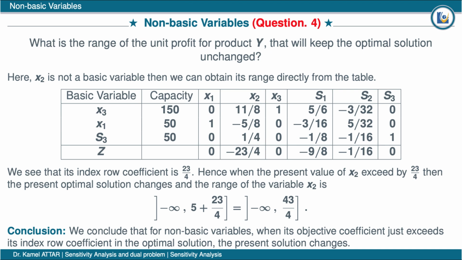Hence, when the present value of x2 exceeds 23 over 4, then the present optimal solution changes, and the range of the variable x2 is the following interval. We conclude that, for non-basic variables, when its objective coefficient just exceeds its index row coefficient in the optimal solution, the present optimal solution changes.